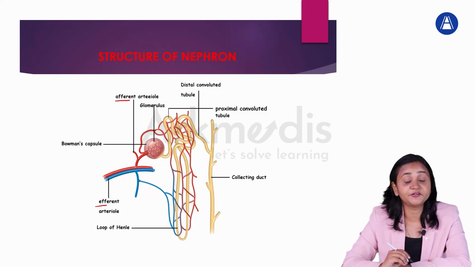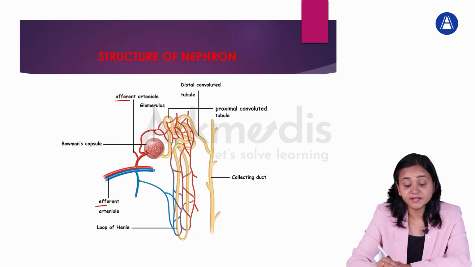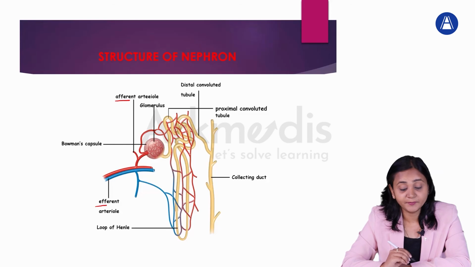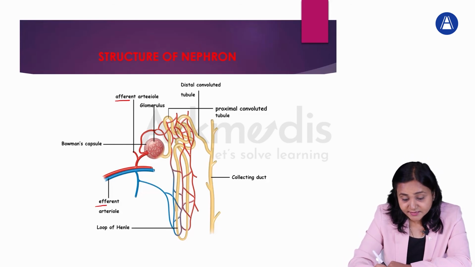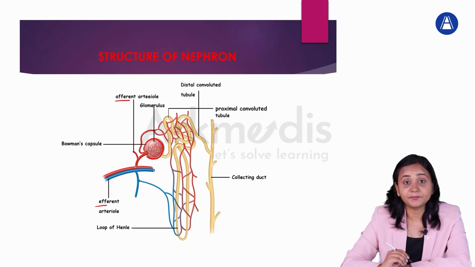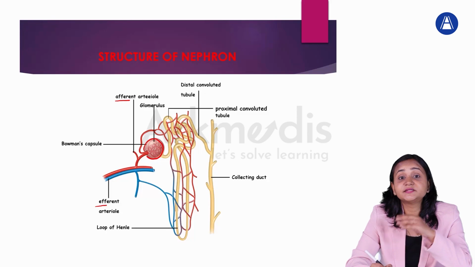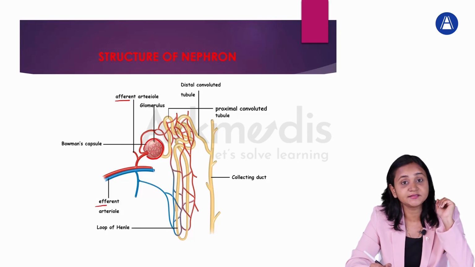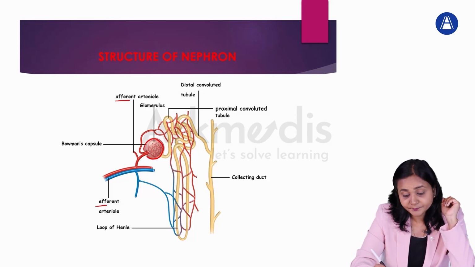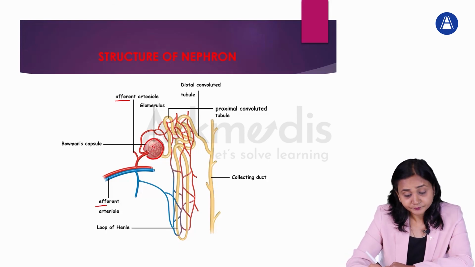This afferent arteriole brings the blood from different parts of the body inside this nephron. Now, this is the cup-shaped structure called the Bowman's capsule. Inside the Bowman's capsule, there is a tuft of capillaries called the glomerulus.